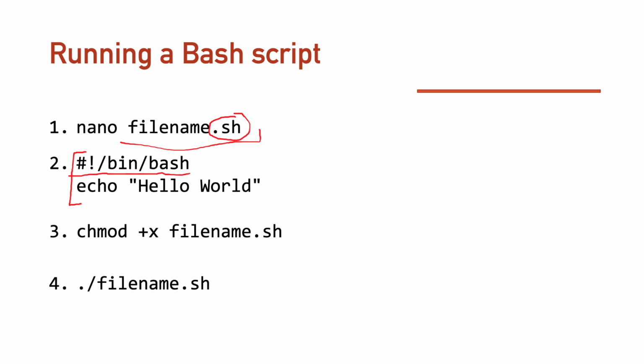We then have to run this command over here, because we want to make the file executable. chmod will change the file permissions, and what we're adding is this +x, which means add executable, to this file name. And then finally, by doing this and then the file name, we can run it.